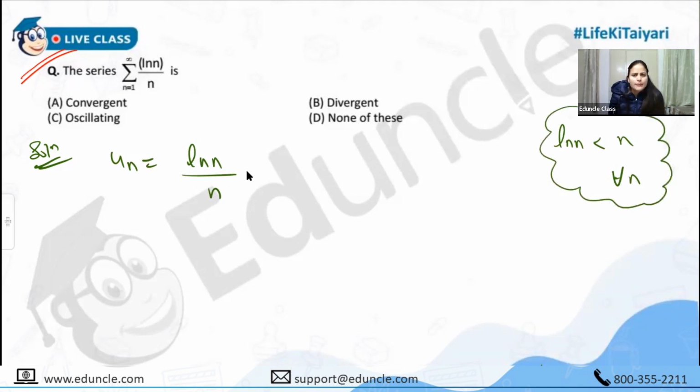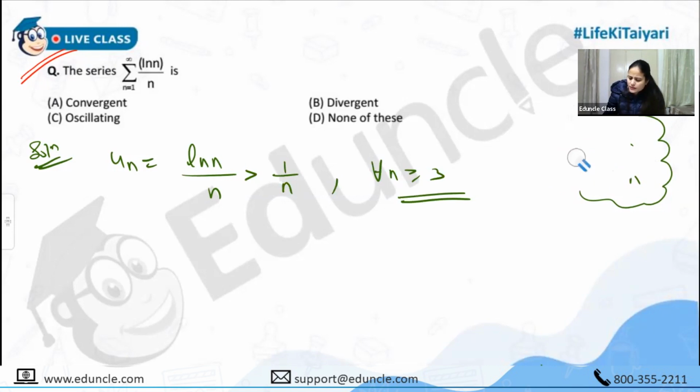So yes, we have this also, but no need to apply this. Clearly, you can write this is greater than 1/n for all n greater than or equal to 2. ln 1 is 0, ln 2 is less than 1, ln 3 is greater than 1. We can write like this. It is true for all n greater than or equal to 3.